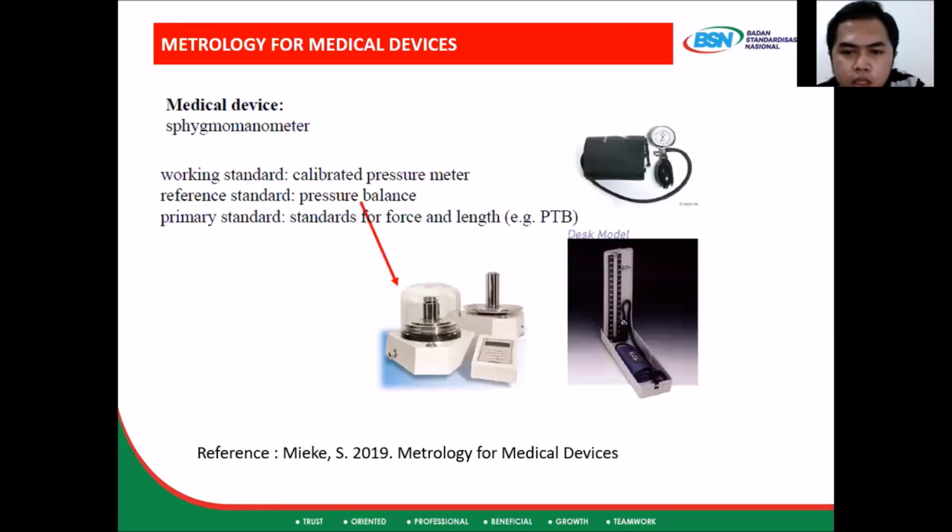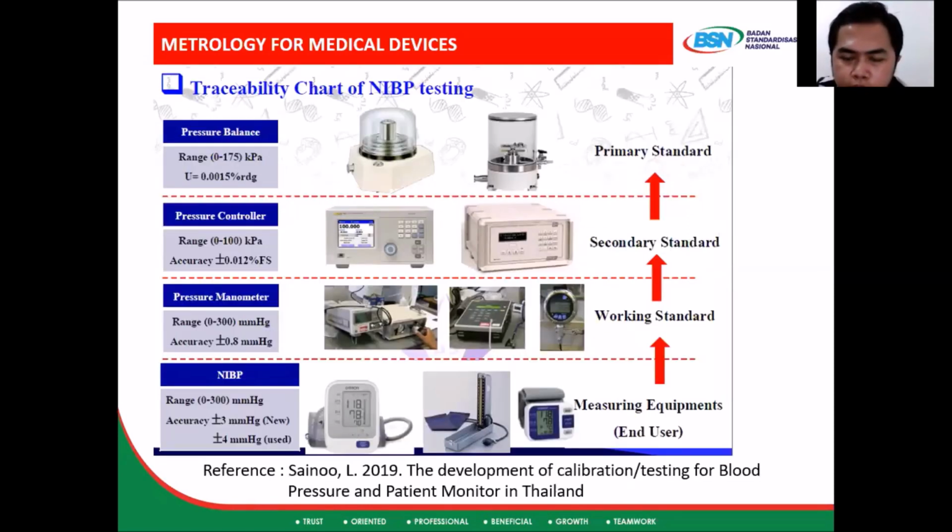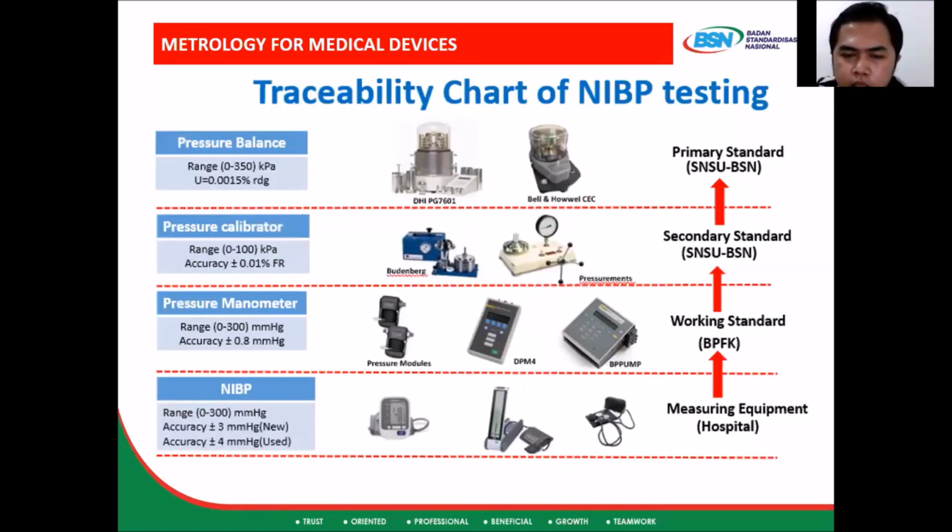Just remove the cuff and attach the tubing to the calibration setup of the primary standard, which is the pressure balance. This is the easy way, and BPFK can also conduct this calibration just by removing the cuff and then connecting to the DPM4.